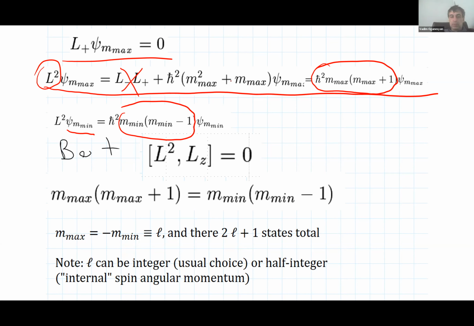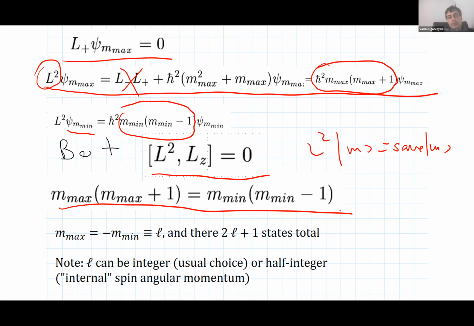But remember that L squared and Lz commuted, so we're actually computing the same quantity. That means that L squared operating on any of the m states is the same. And that gives us this equation.